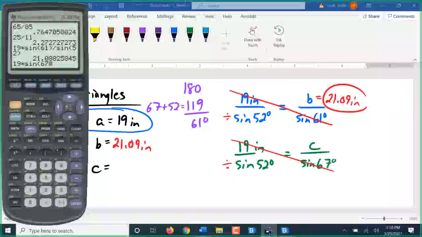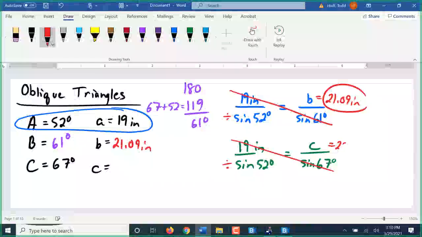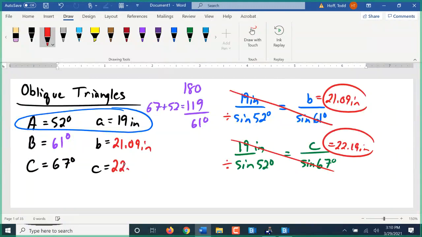Make sure you close that parentheses. Divided by the sine of 52. 23.19 inches. So as we check here, is our shortest side across from our smallest angle?